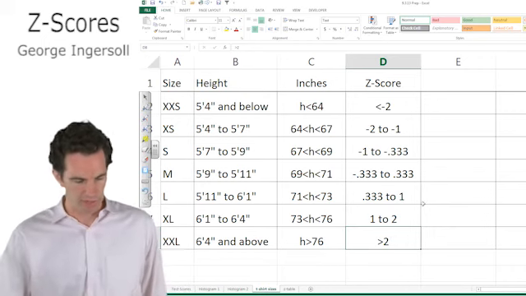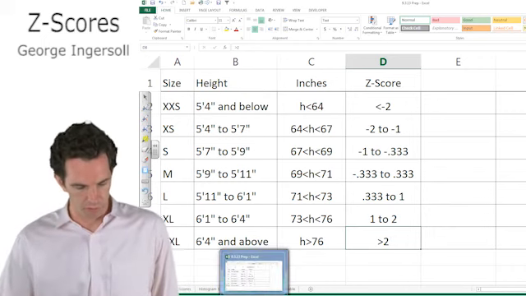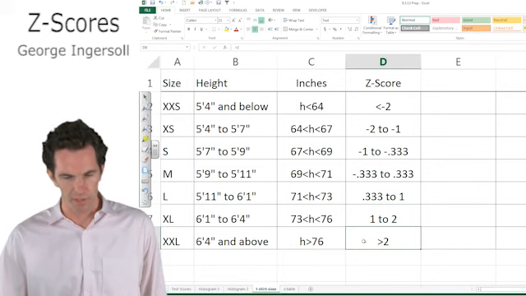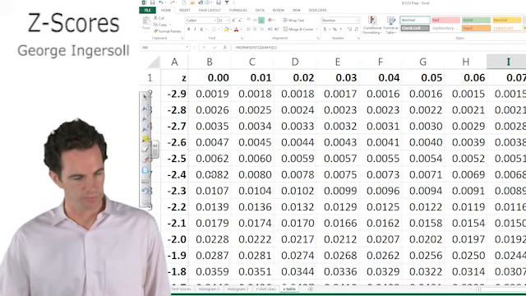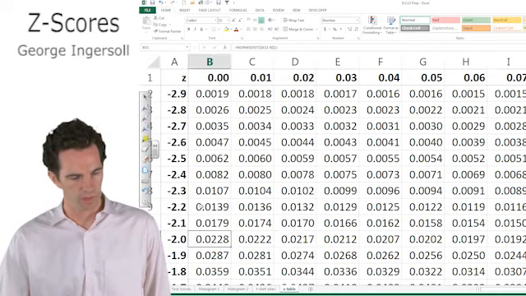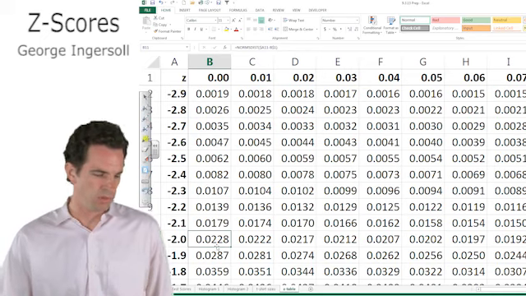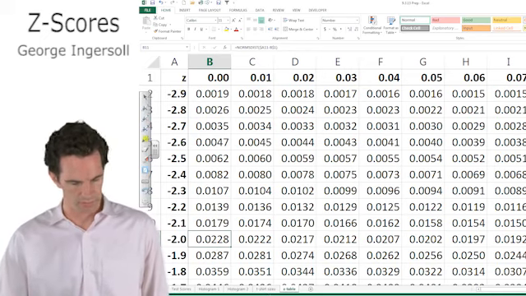I'm not going to do this for every one of them, but we'll do a few examples. So -2 standard deviations. Let's look that up in our z-table. -2.00 is equal to 0.0228.